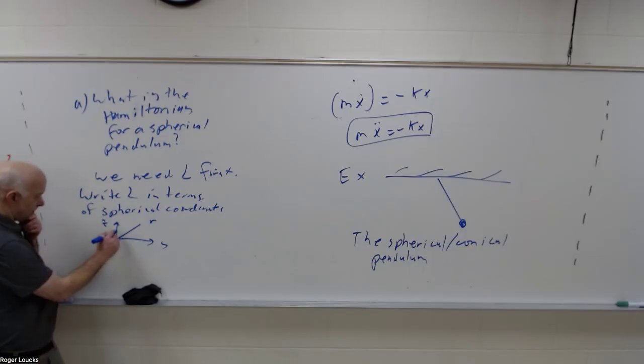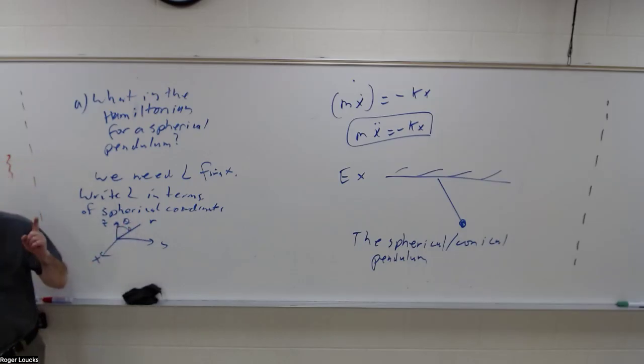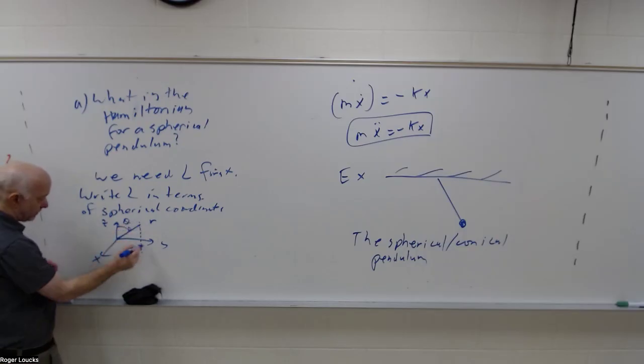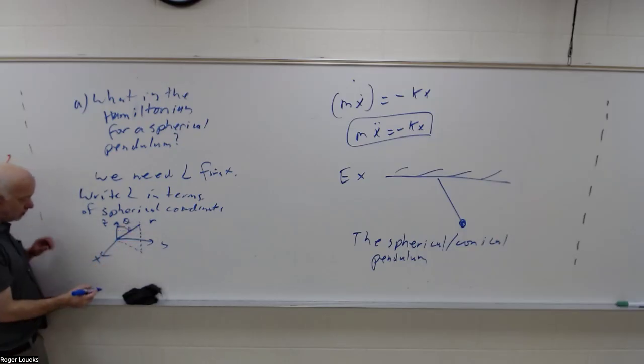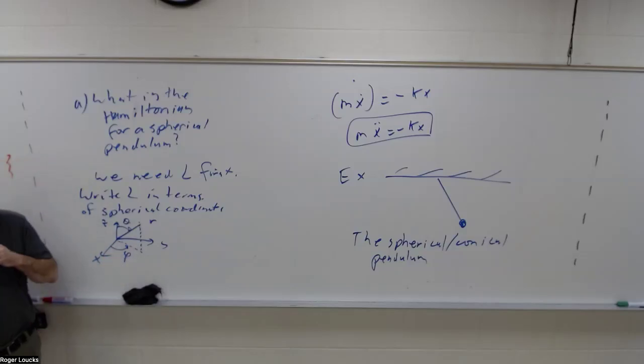From Z to R, that'll be theta. That's always theta. If you're in math, it's always phi. Phi and phi are the same thing. One's English, one's Greek. Then how do we get phi? Perpendicular down. Imagine light shining on here, casting a shadow of R on the XY plane. So here's our shadow. From here to here is our phi. Make sense?